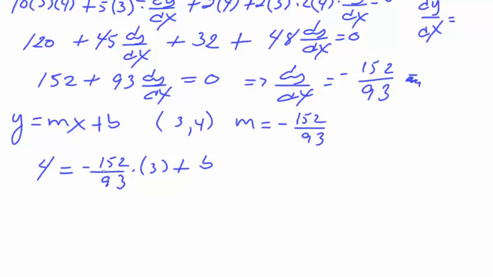Okay, this looks lovely here. Actually, 3 goes into 93, right? 31 times. Yeah, so we can actually do some canceling right there before we even get started, and that would be a good idea.